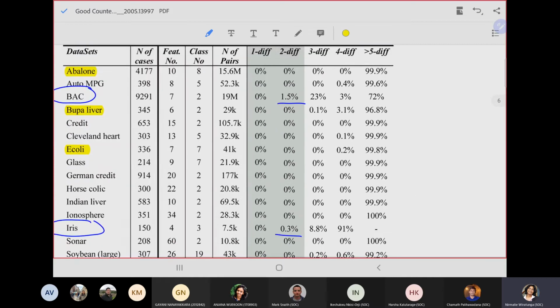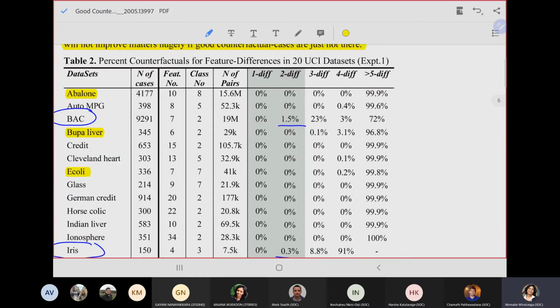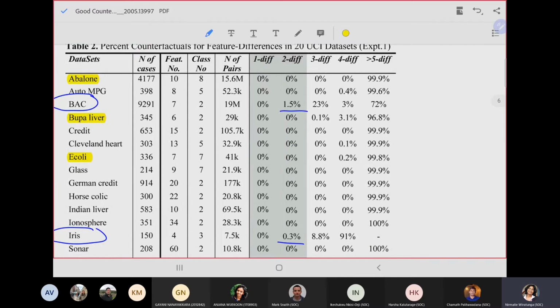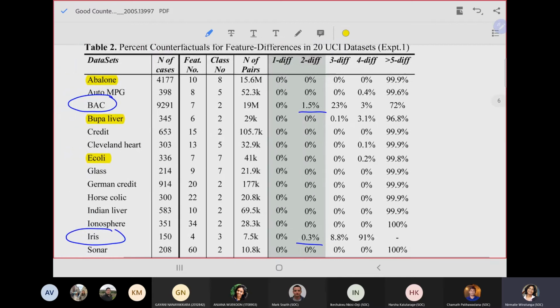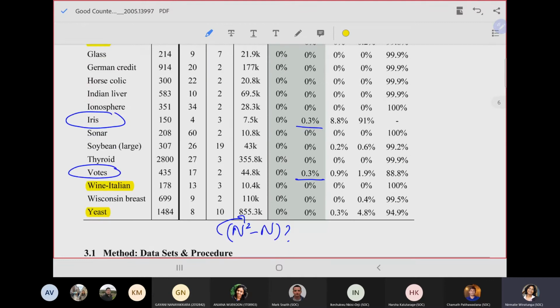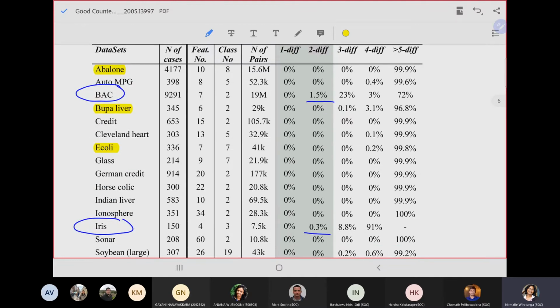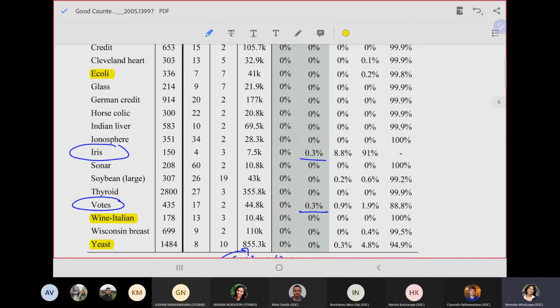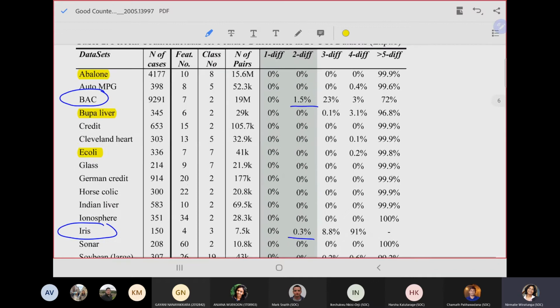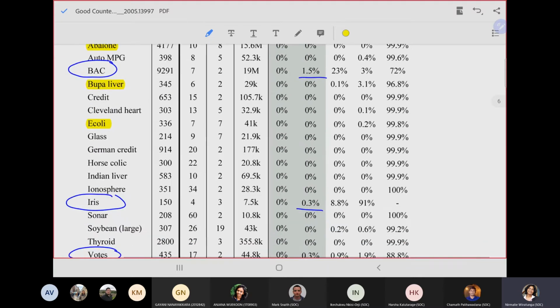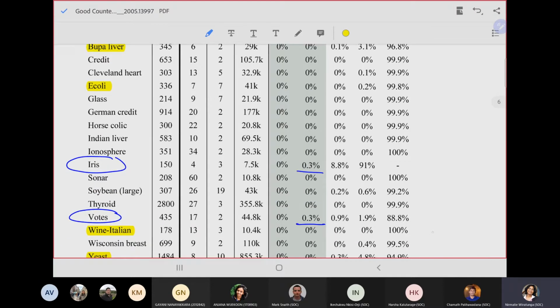And what they find here is there aren't a lot, right? So if you look at one difference, none of them. Two difference, they had the back data set, iris data, votes. Those are the only three. And then for the others, you have to change a few more features before you can actually find the counterfactuals.